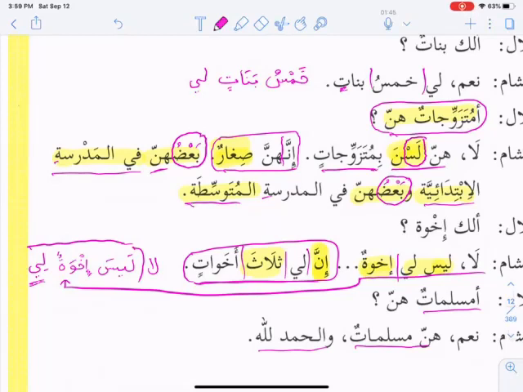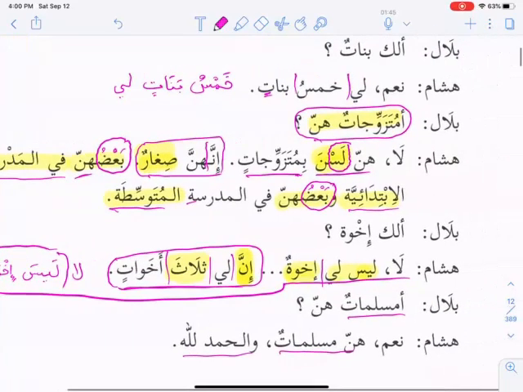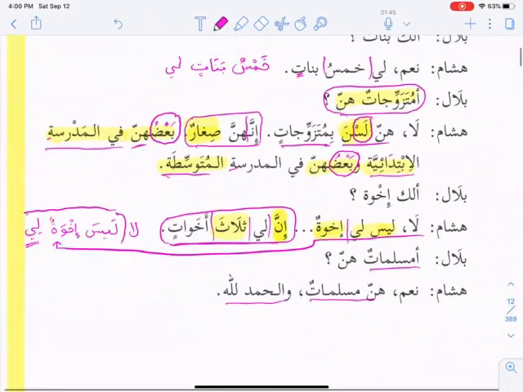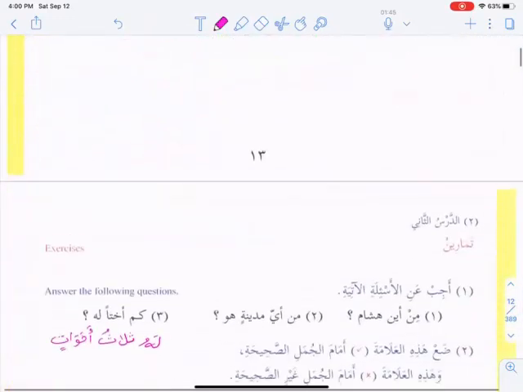Because ikhwatun is your ismu laysa, and li jar majrur is your khabar laysa. Inshallah. Muslimatun hunna? Naam. Hunna muslimatun walhamdulillah.